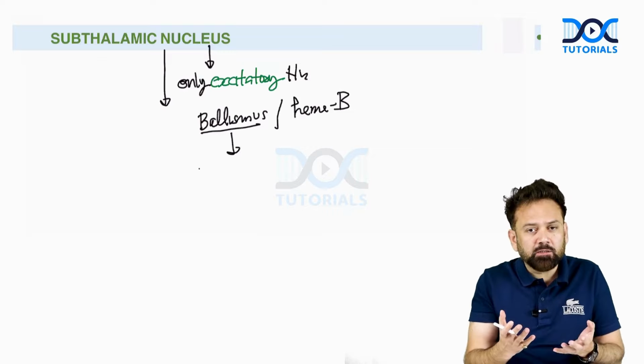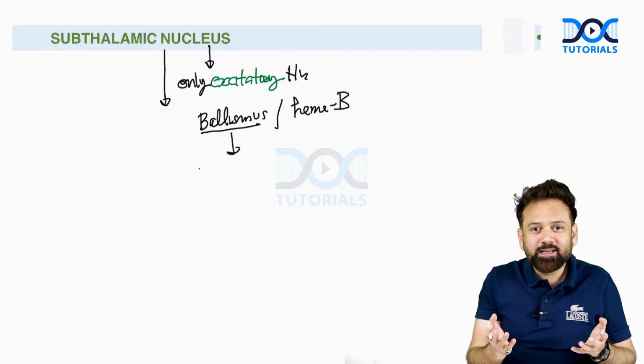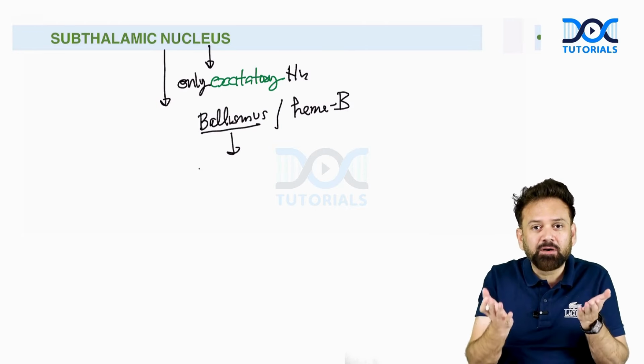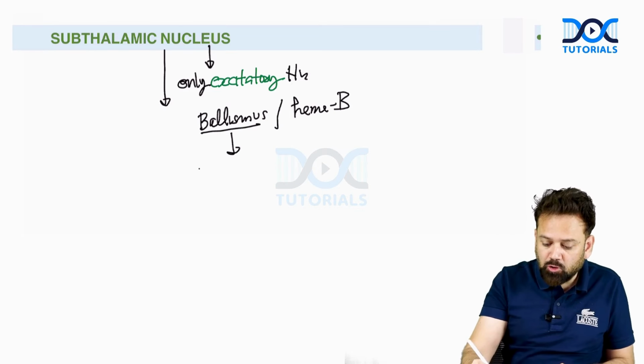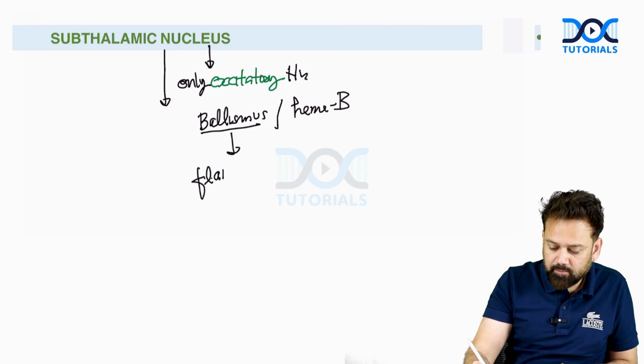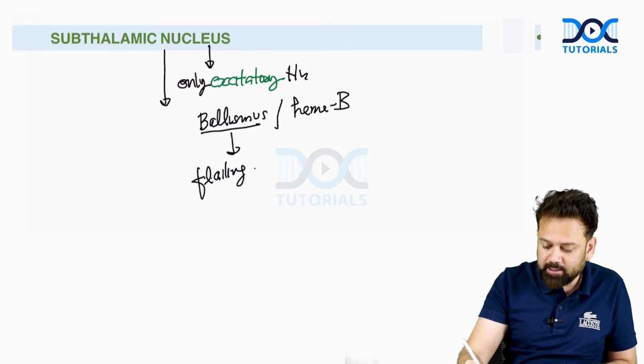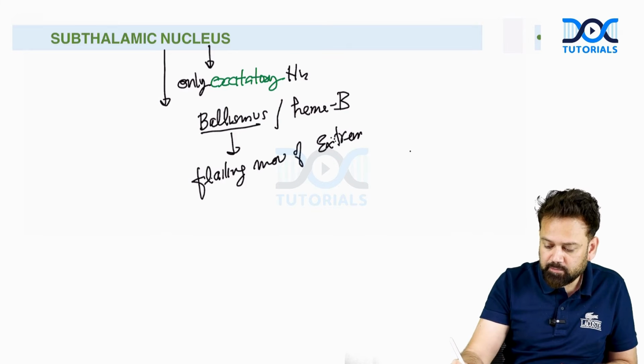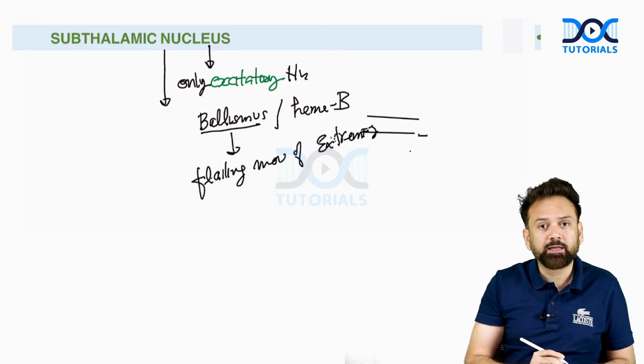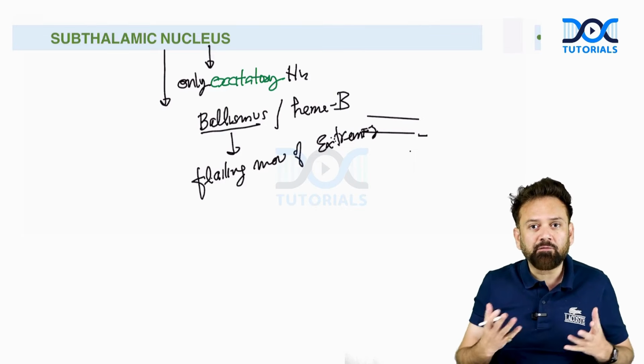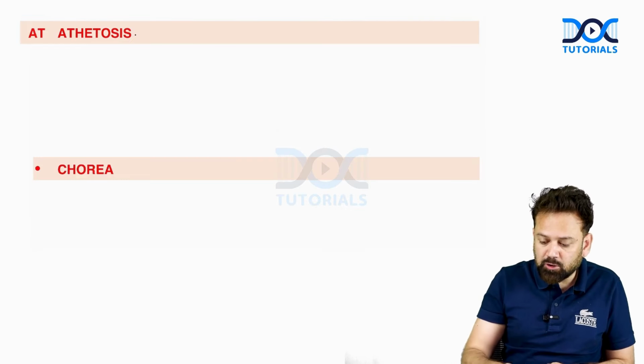If you see belly dance, the movement is not for the belly. You are focused on the belly, but the movement is for the pelvic girdle or pectoral girdle. So it is called flailing. Ballismus is flailing movements of the extremity. If it is full, it is ballismus, half is hemiballismus. So this was about the subthalamic nucleus.